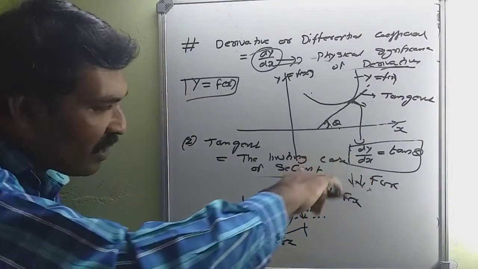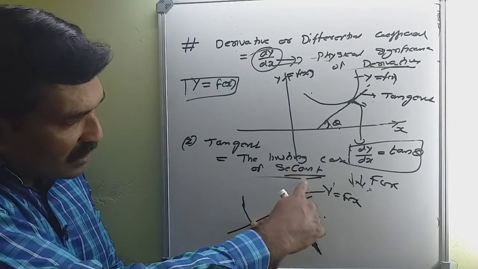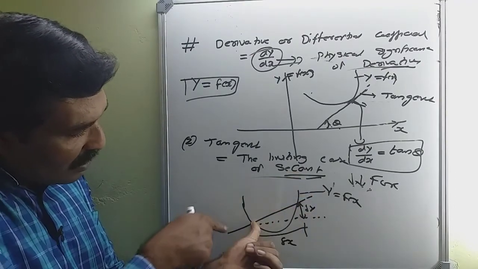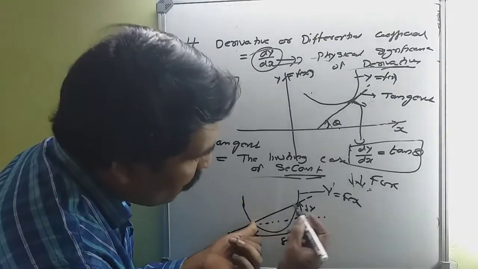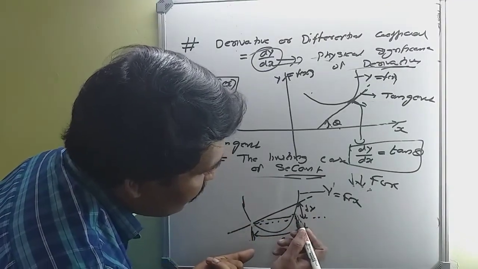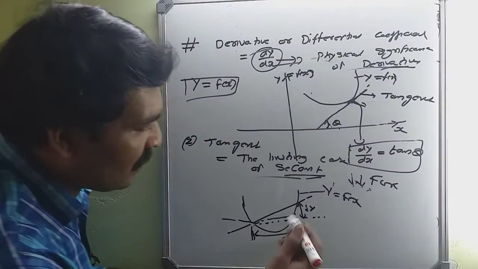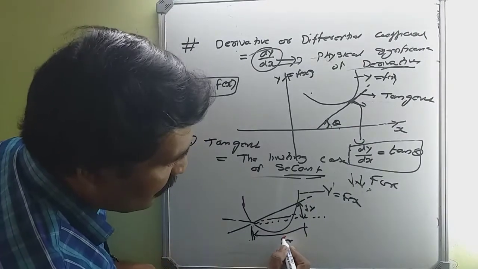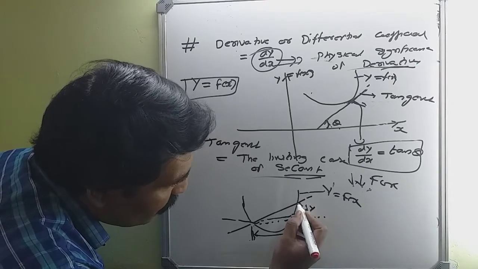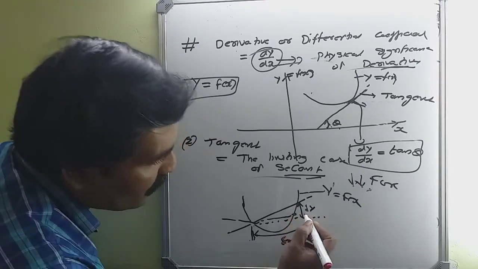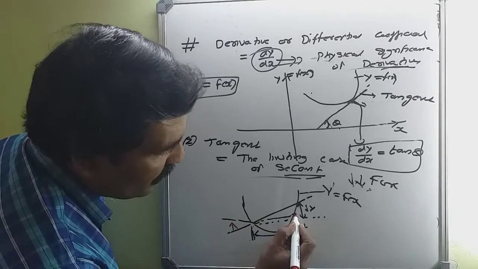Now this point is fixed and we are applying the force here. So this is moving down and this portion is moving up since this is fixed. So when this reaches this point, what happens? When we push this line going down, it reaches this point, and this moves up.